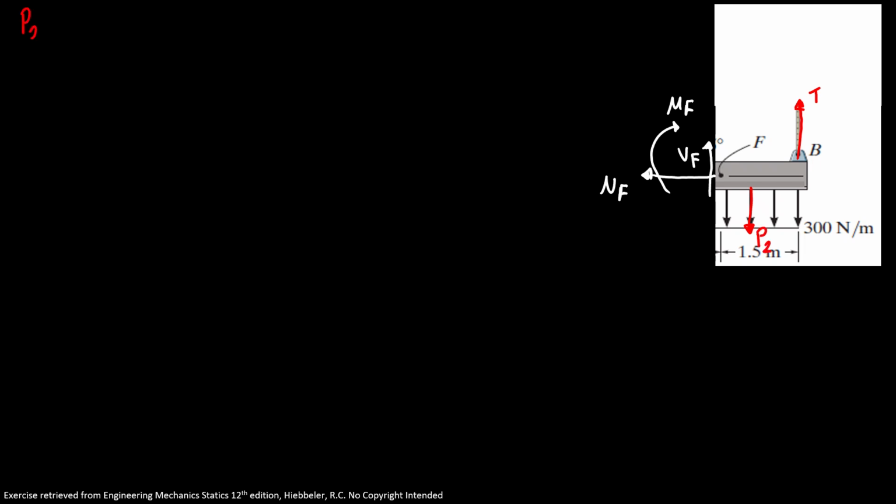So P2 is equal to 450 newtons, and our tension is equal to 665 newtons from the previous parts.